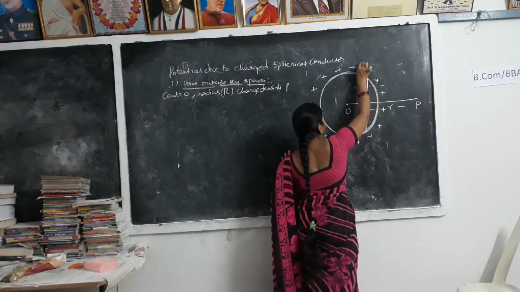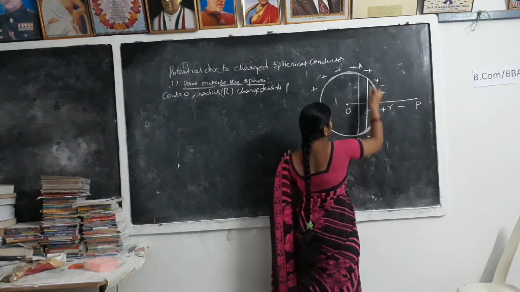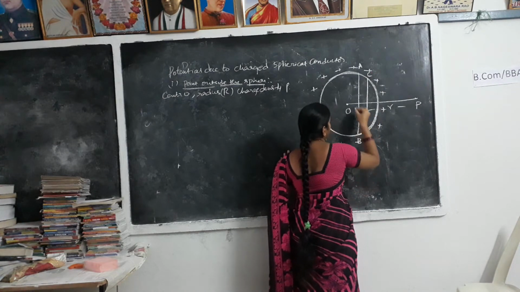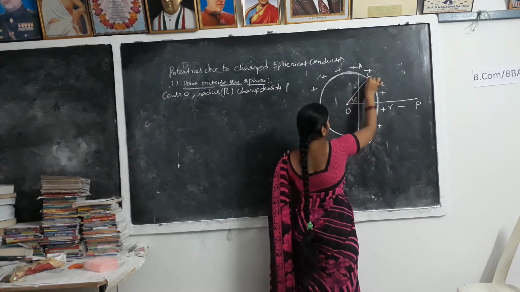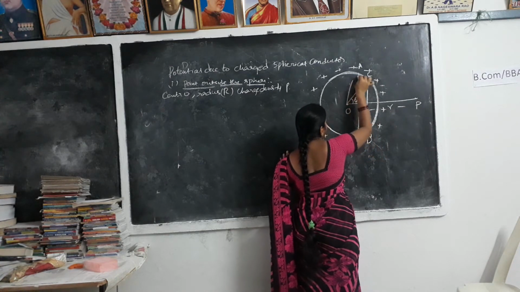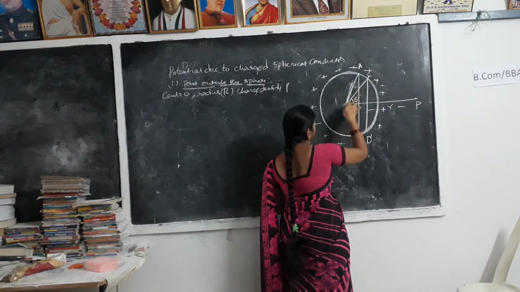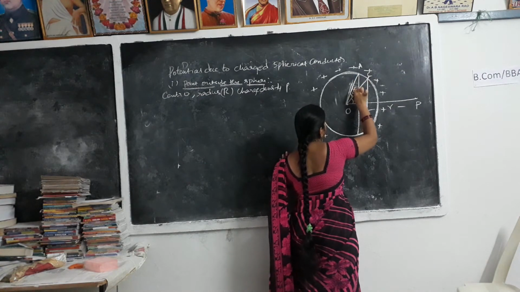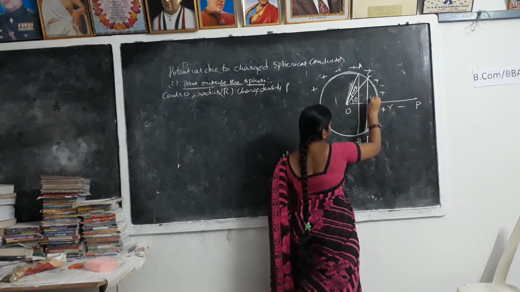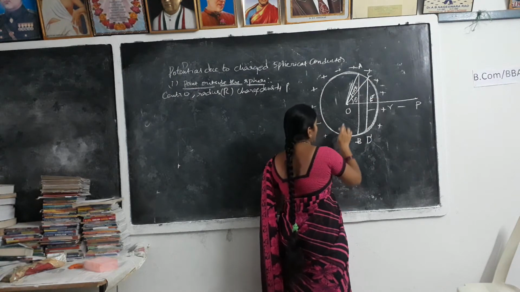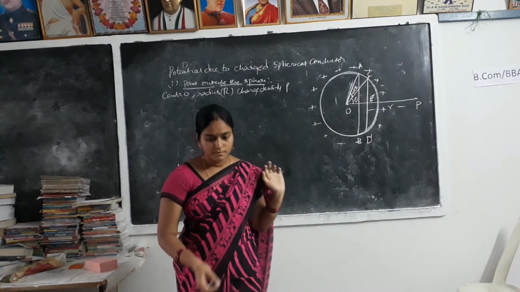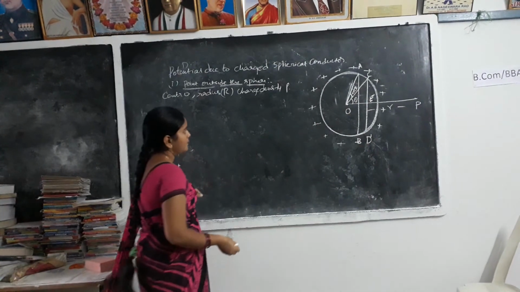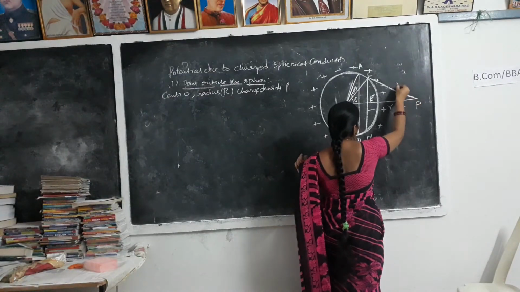That is A, B, C, D. Here OCP makes an angle theta, here it makes d theta, and here I consider the point P, and here the radius is capital R, and the distance from C to P is small x.